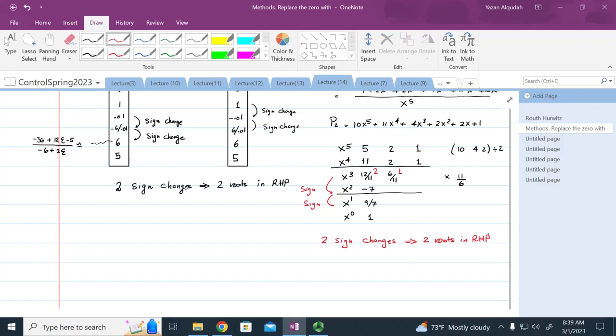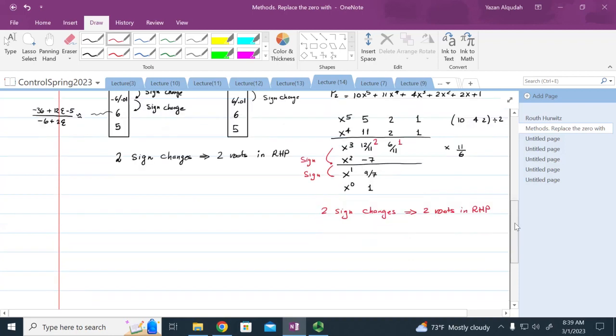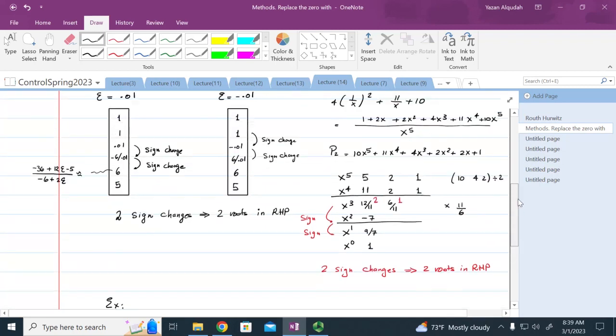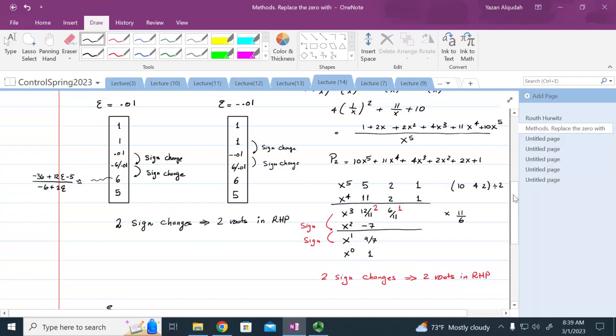Okay. Let's look at another example. So we can use any of these 2 methods, using epsilon or replacing s with 1 over x and proceeding.